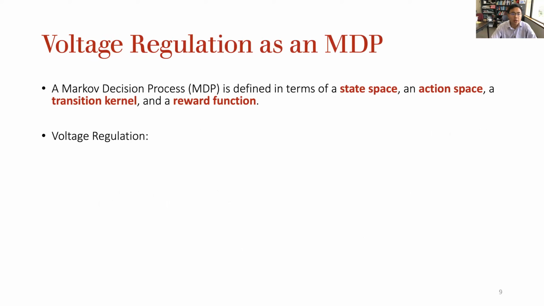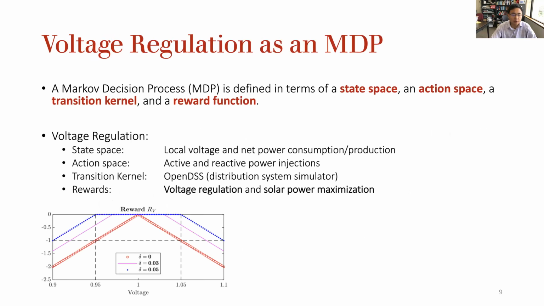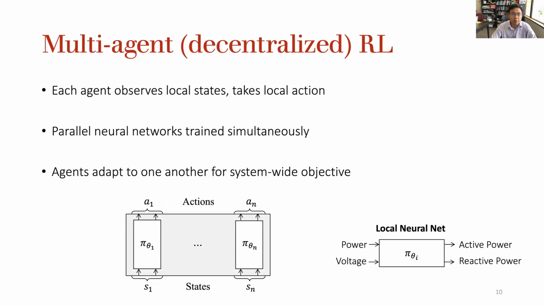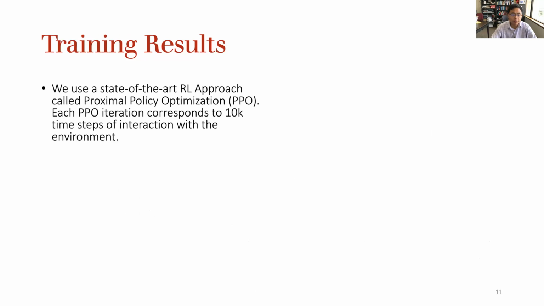So this is the way we model them as an MDP problem. The reward here, worth noting, is to regulate the voltage within the band and maximize the utilization of the photovoltaic power generation. And the action space here is the way we control the real and reactive power. The parallel neural network is trained, and agents adapt to one another for the system-wide objective.